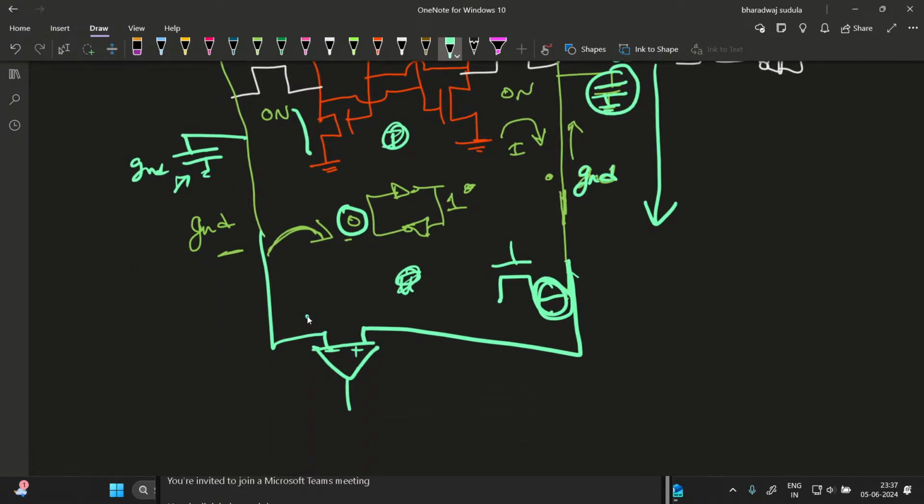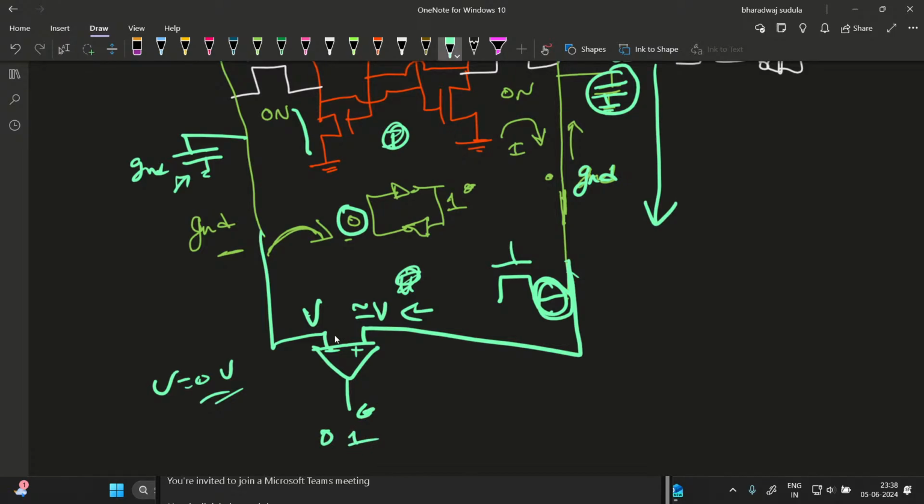Let's say this has V, and this has closer to V. I mean, let's say this is 0 volt, but this is not 0 volt. The sense amplifier is made of a differential amplifier. So we get the output here. If there is a difference, then we will get output. If there is no difference, we don't get any output.